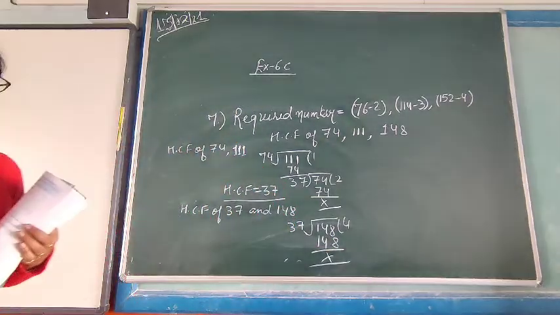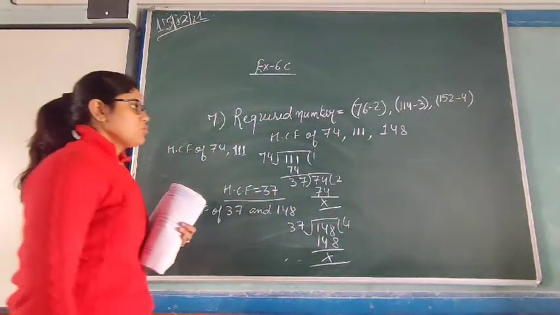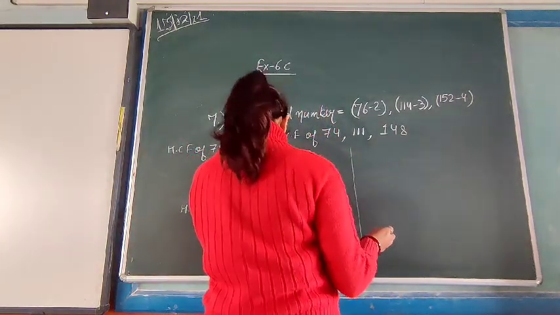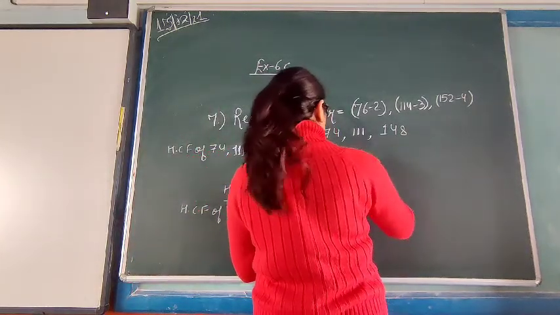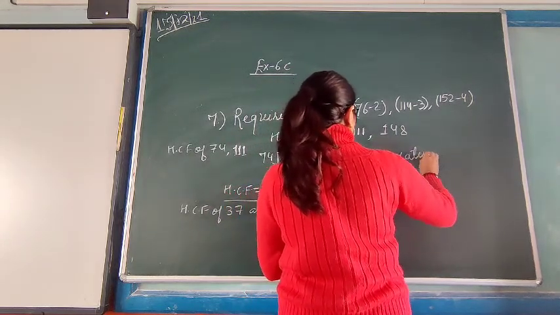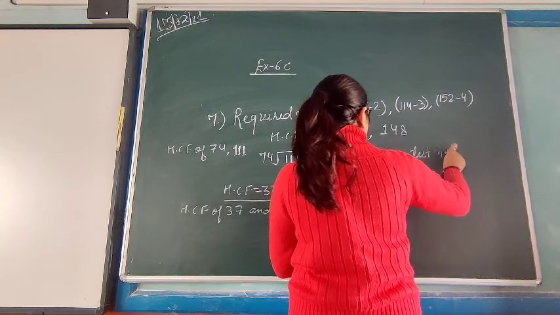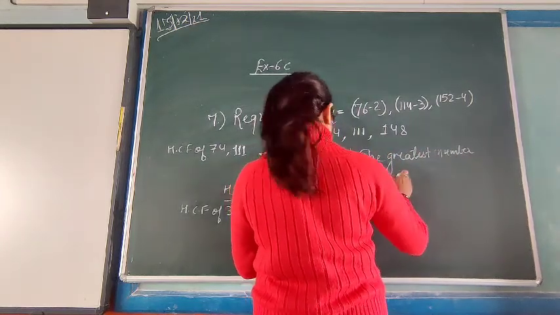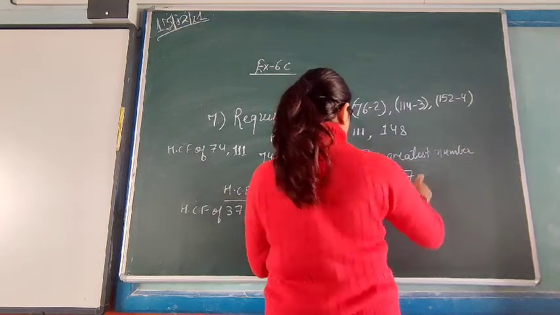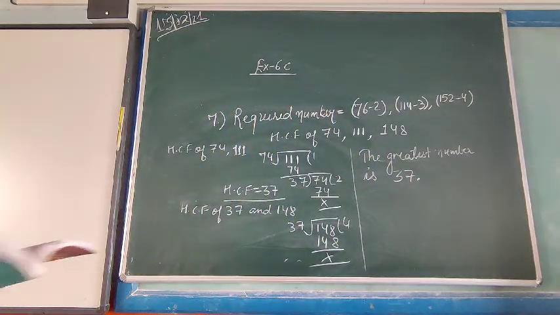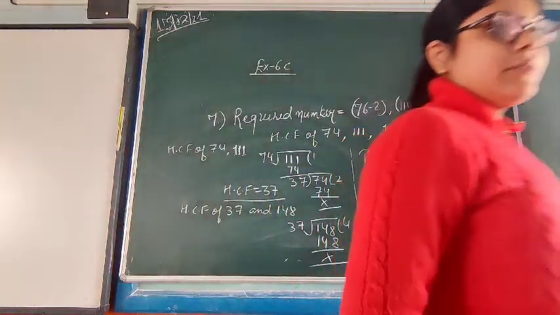So 37 will divide 148. So that means the greatest number will be 37. Okay? Do till here fast, then come to the next question.